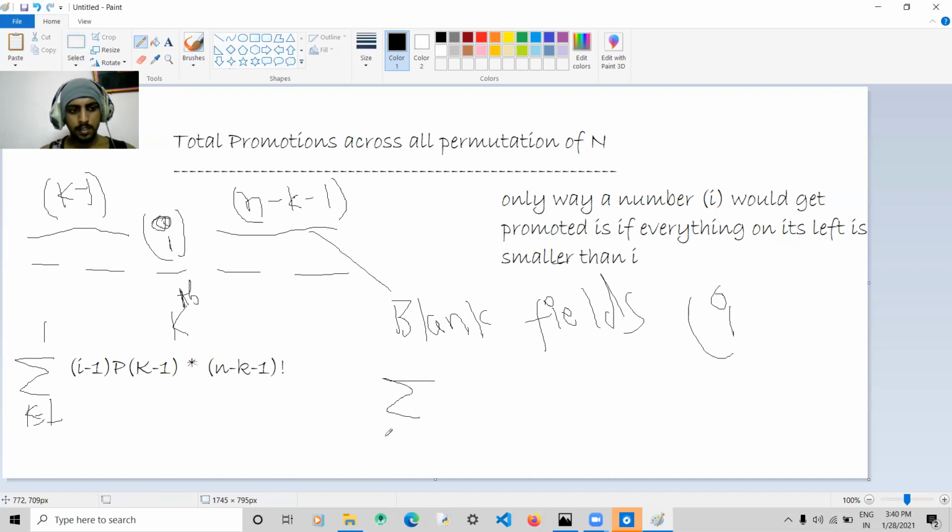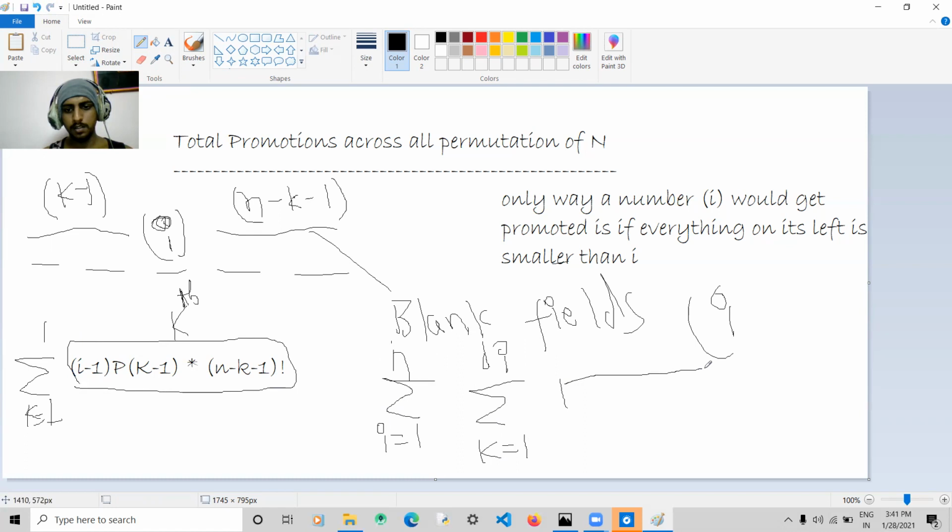So just sigma i equals to 1 to n, and give all the proper places to k, and you evaluate this one. So just copy paste from here to here, then whatever this comes out to will be your numerator.